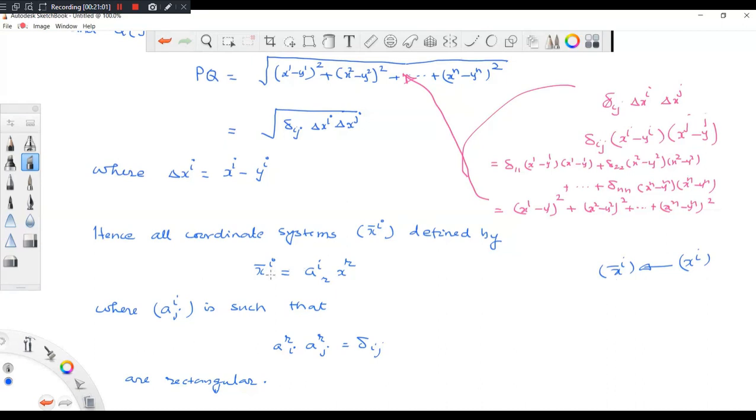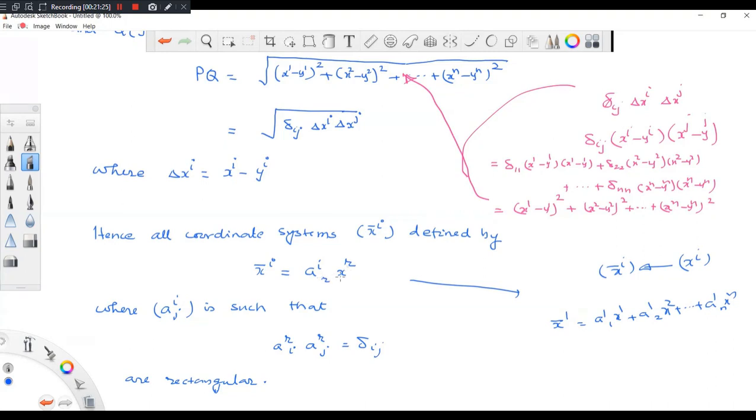In what way is it transforming? It is transforming like this. So when I say the transformation is like this, you must understand that x bar 1 is equal to, what is that? A11 x1 plus A12 x2 plus etc., A1n xn. So this is the transformation law.